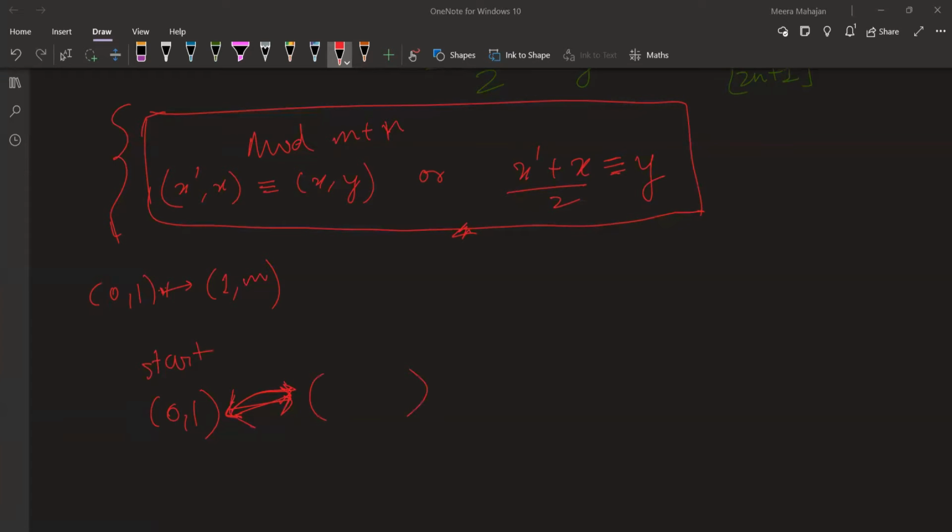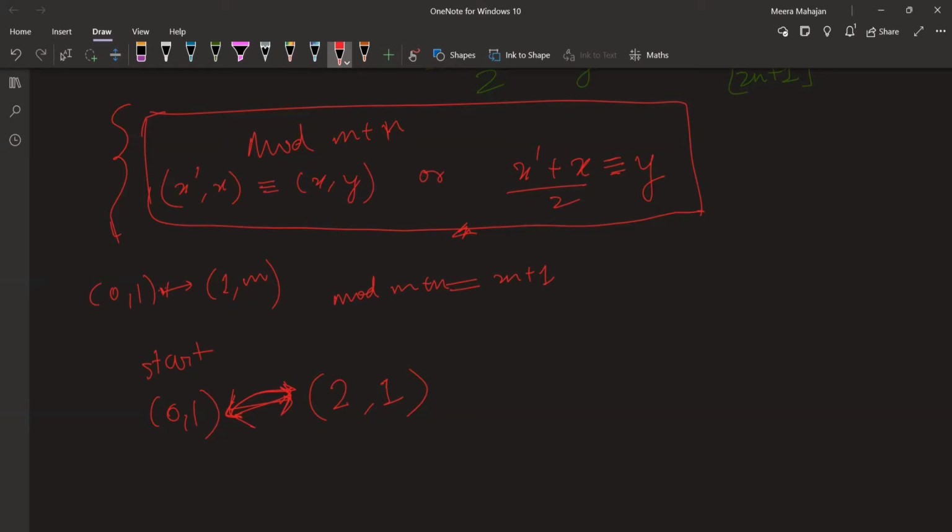Suppose we are going to fix the blue bead now. You get 1, and what will happen to the red bead? Where would it go modulo m plus n, which is just 2n plus 1? What would the position be? This would be 2, right?